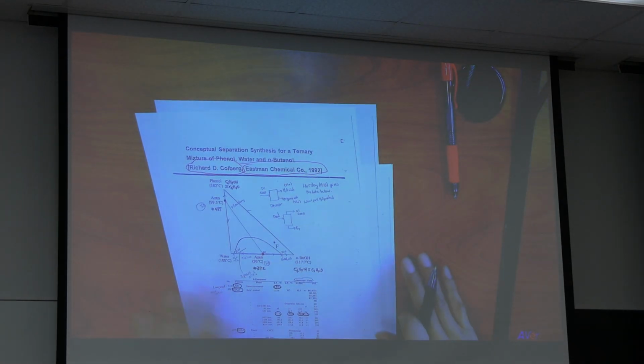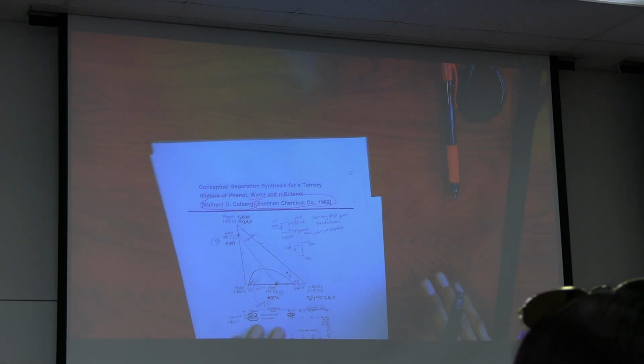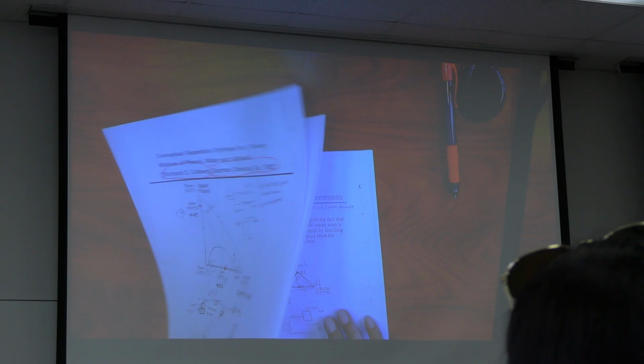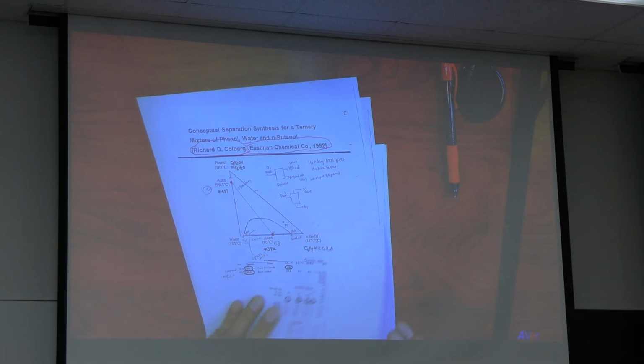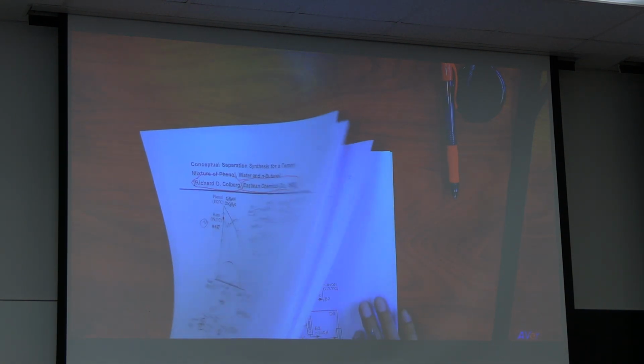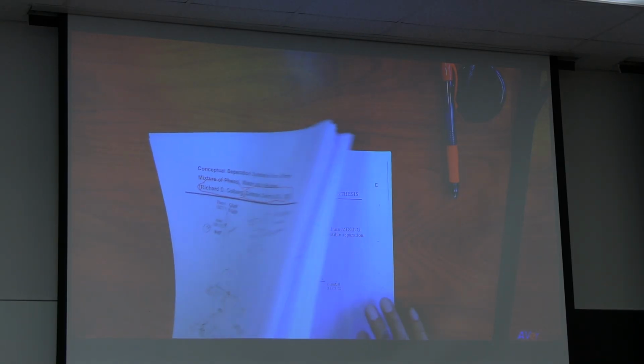Dr. Culver made himself famous. He solved this problem, got an Eastman Chemical patent, implemented this process. What is the problem with this? How do you do this? I'm going to explain that on Monday, okay? Famous problem. That's it for today.